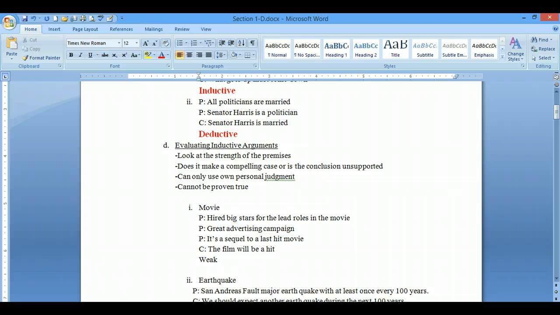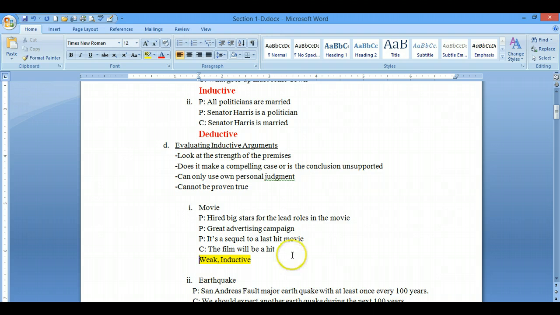And I'm going to put inductive on there because these are very specific premises to a general conclusion. The specifics being the stars, the advertising, the sequel, and the conclusion is this general statement that this film will be a big hit. And again, I'm going to highlight some way for that to be the answer.